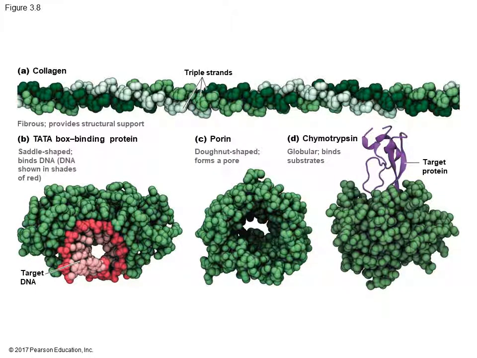Collagen is up at the top, and you know that collagen is found in creams and in bone broth, and it's to make your joints nice and strong. Now that I'm an old lady, I think about it. We'll talk about the TATA box later on for DNA replication. A porin is found on the cell membrane, and it allows water to go in and out. And then there's chymotrypsin, and this one looks like a solid ball, with hair coming out.